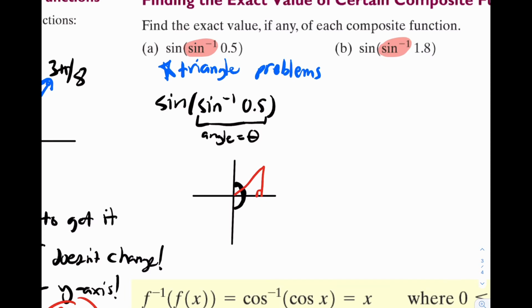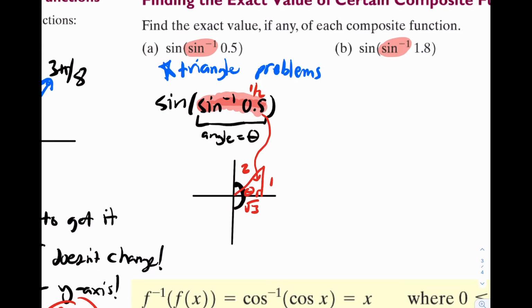And if it's 1/2, think of this as opposite over hypotenuse. That's 1 over 2. This is root 3. And then right here we can write theta. So what I just did is I'm saying this piece right here, sine inverse of 0.5, that is directly related to this triangle here.